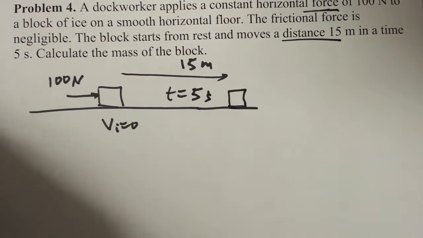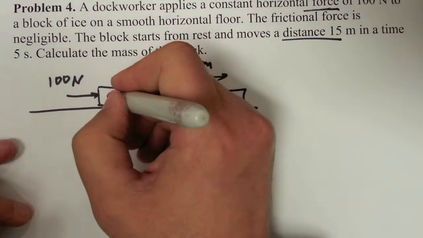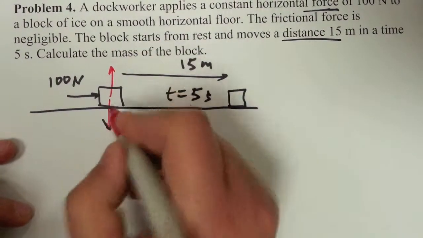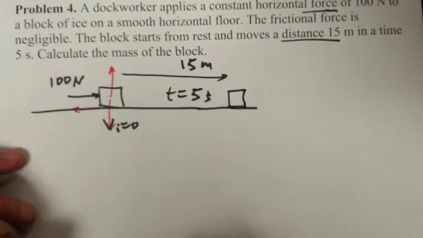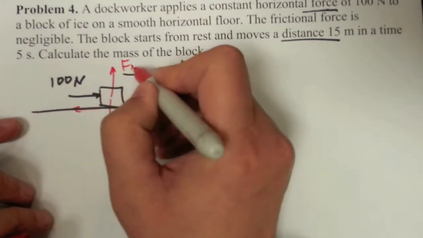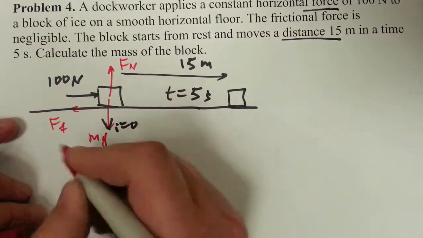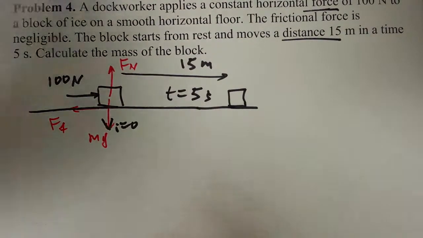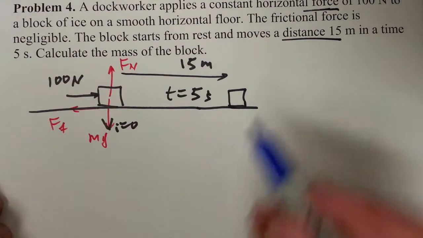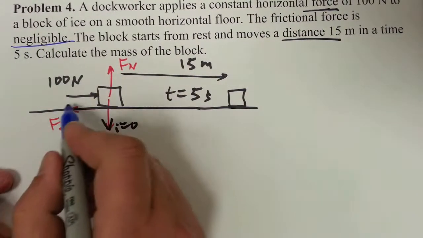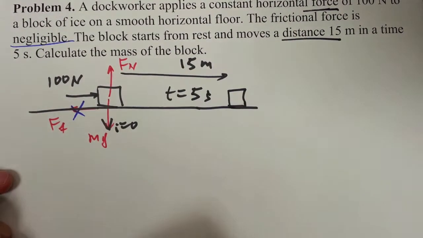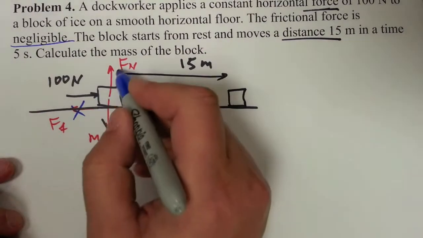So, strictly speaking, in general, 4 forces would have been acting on it. That's the normal force, that's the force of gravity, that's the force of friction, and because we have to neglect friction, we can cross it out. Normal and gravity cancel each other out.